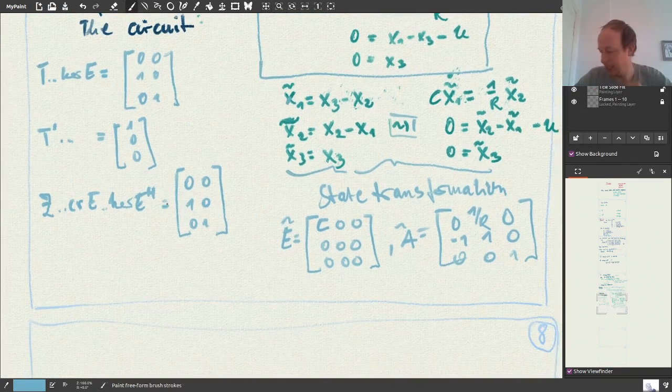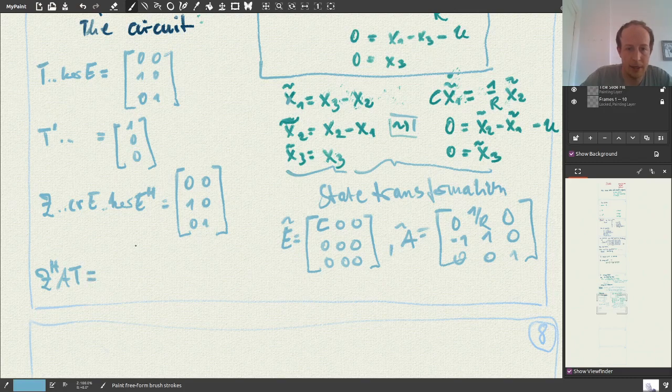Okay, and then we need that Z H A T hat. So we have to multiply this Z H with this matrix and the T from this side. And what we see is that it picks out this part here. So this will be 1 1 0 0.